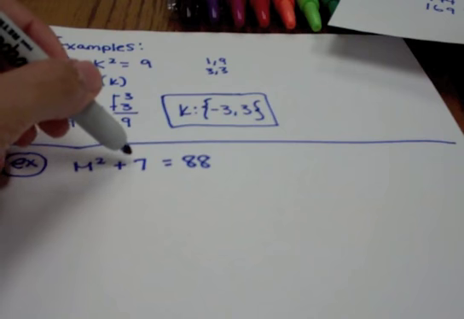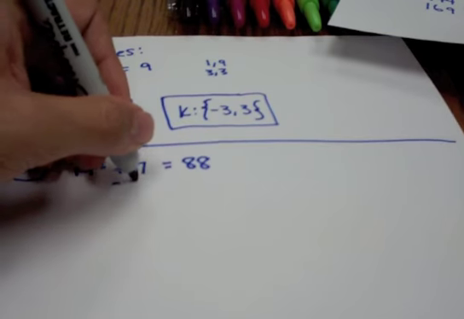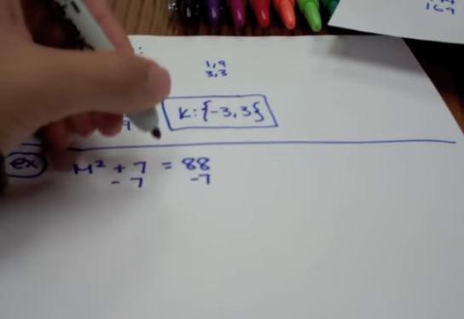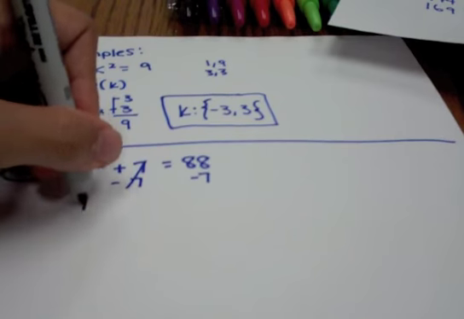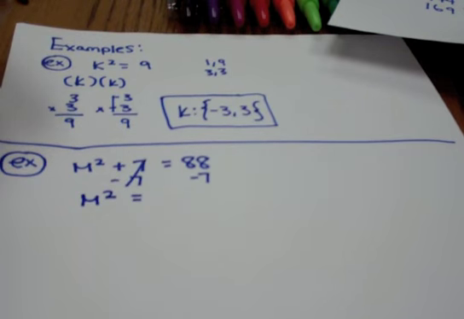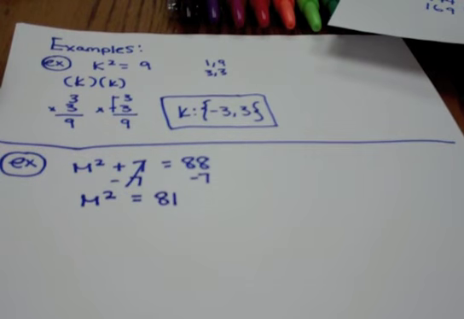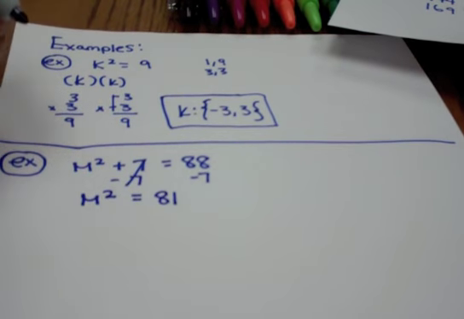So I see a plus 7 here, so to get rid of that, I'm just going to subtract 7 from both sides. These will cancel, leaving me with just m squared on this side. And 88 minus 7 is going to be 81. So I have m squared equals 81.